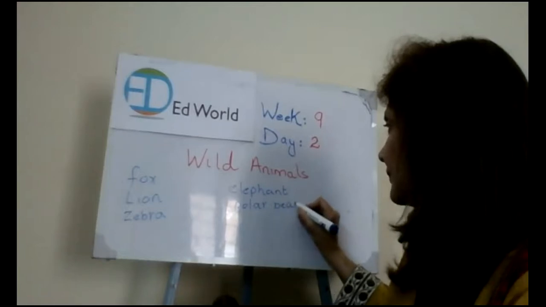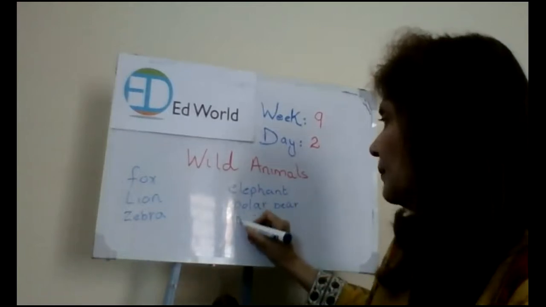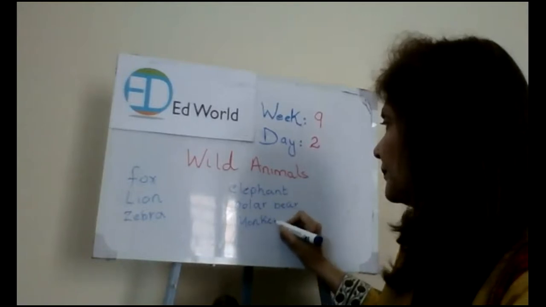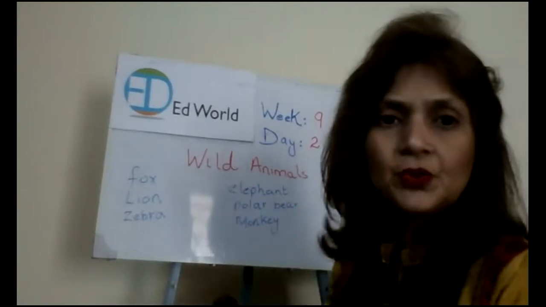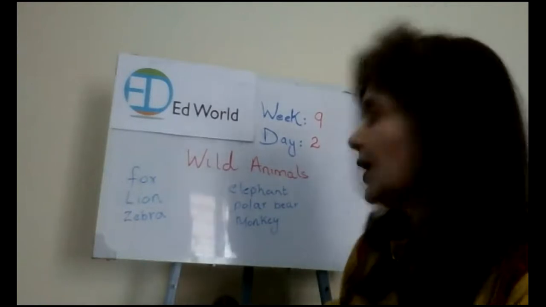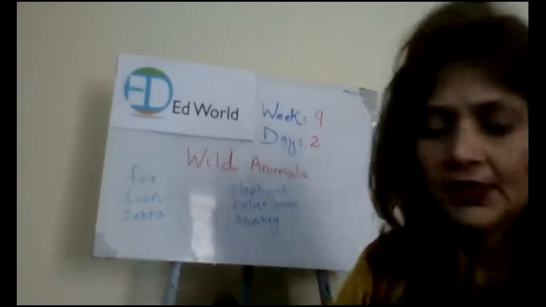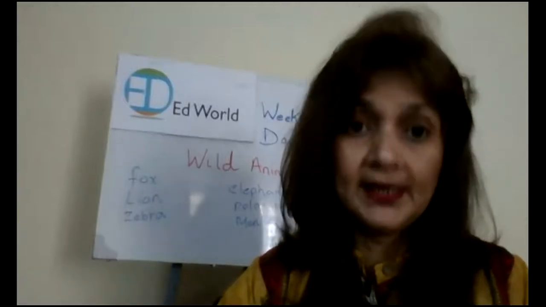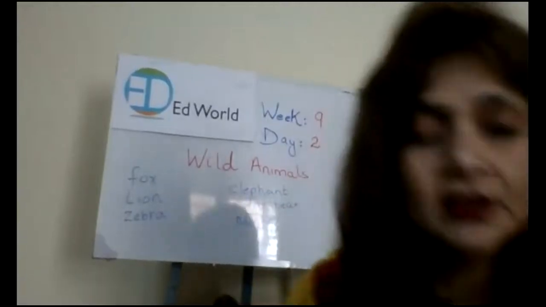Okay. Then you saw a monkey. What else did you see? You saw lion, zebra, fox. Okay. So these are a few animals. There were lots and lots of other animals that you have seen in the video.